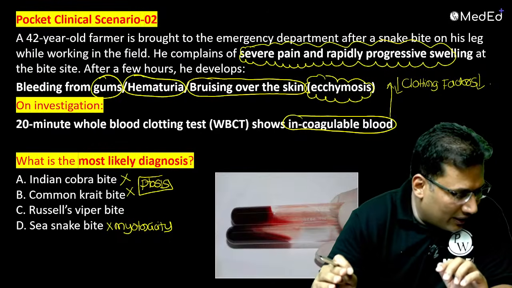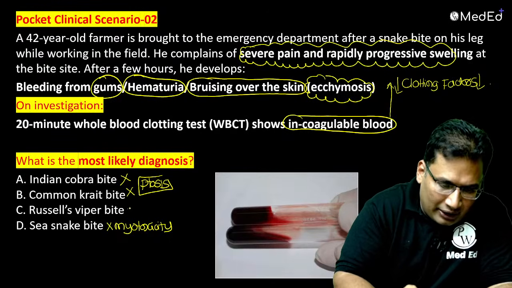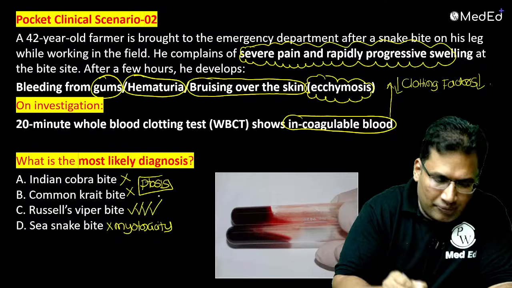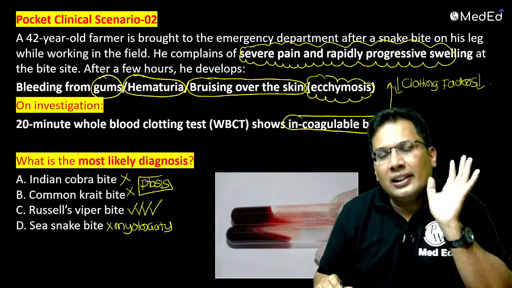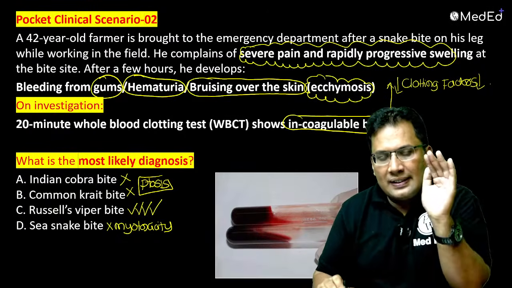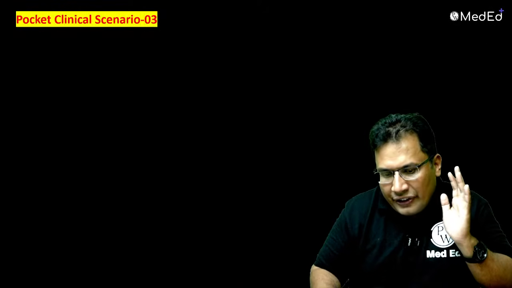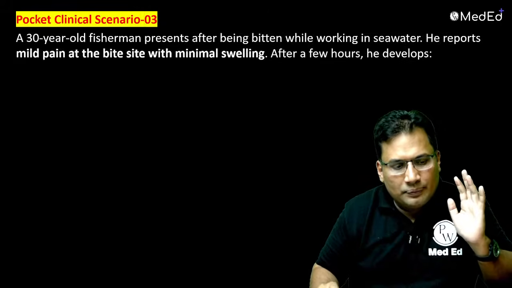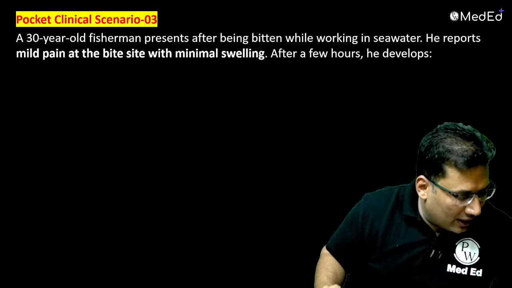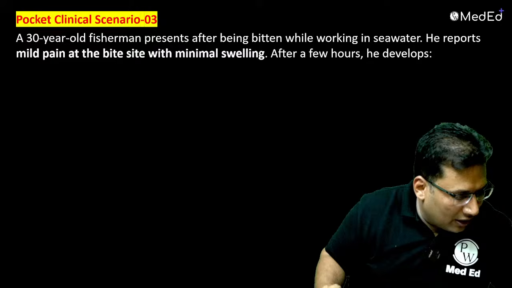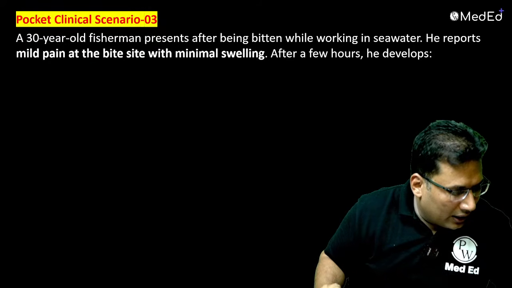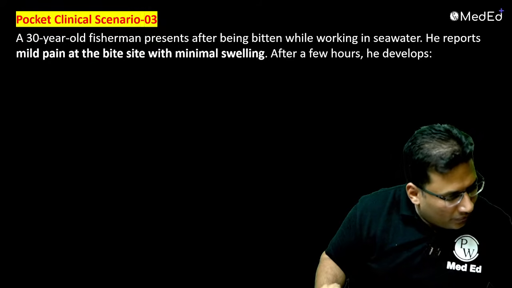So what is the best answer? The answer is viper bite. So C is the correct answer. So this is clinical scenario 2. And the third scenario, look at this third scenario. Good answer. Mishra answered correctly. Very good Mishra. And Sahil, great.